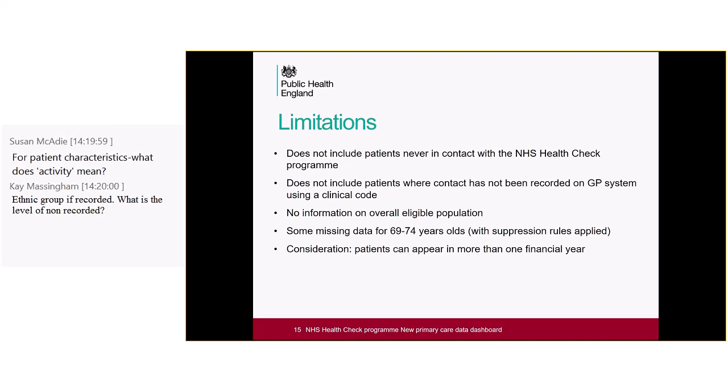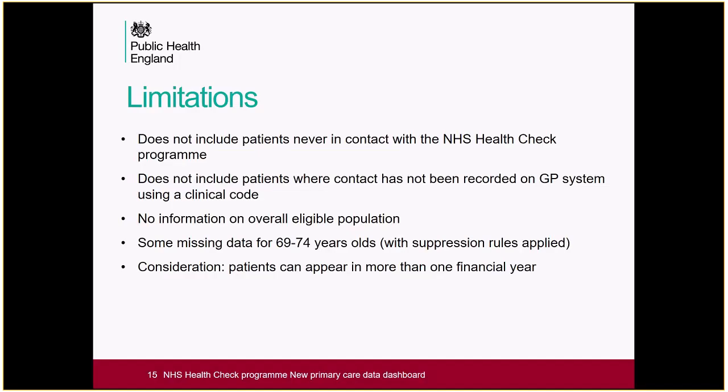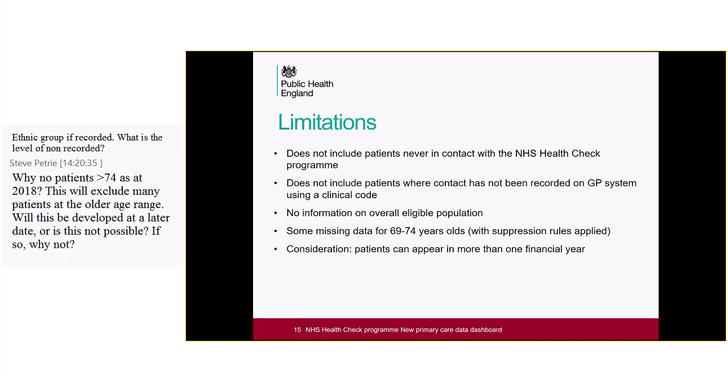Also, because of the age condition that was applied at the time of extraction, we have some missing data for the 69 to 74-year-old age group. And you'll see in the publication and data dashboard that some suppression rules have been applied because of that. Finally, just to re-emphasise that patients can appear in more than one financial year if they had multiple contacts with the programme.